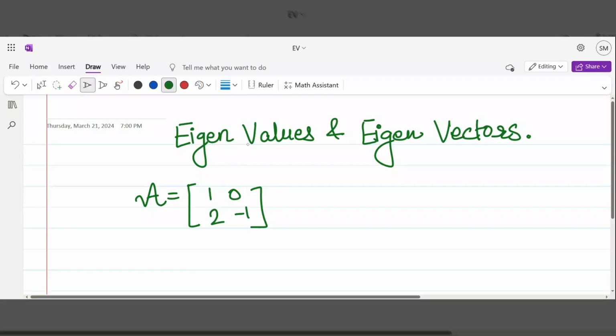Okay, let us start with eigenvalues and eigenvectors in continuation with our previous chapter, linear transformation.